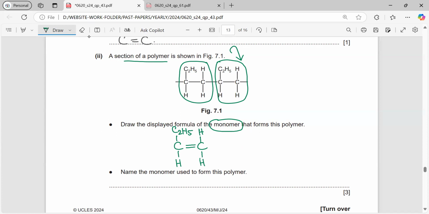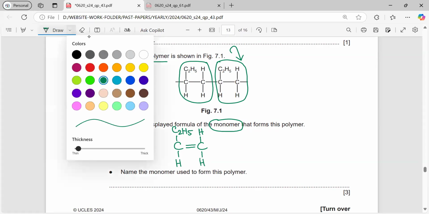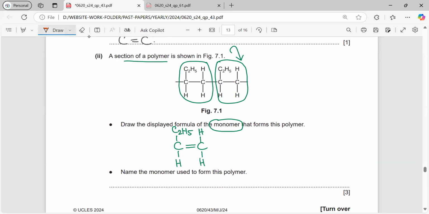Name the monomer used to form this polymer. Now we have to name this monomer. To name the monomer, we'll give numbers to the carbons. So it is 1, 2, and here we have 2 carbons. If we make its open structure, it will be like this: carbon double bond carbon, with 2 hydrogens.